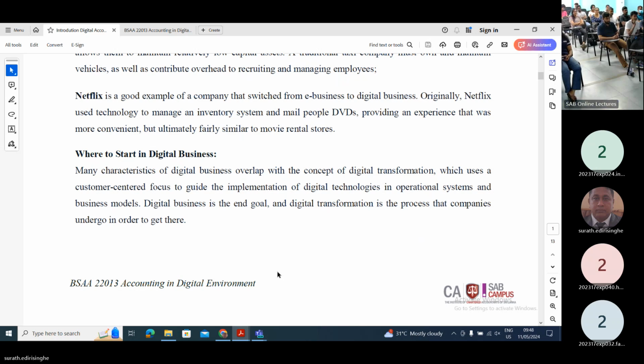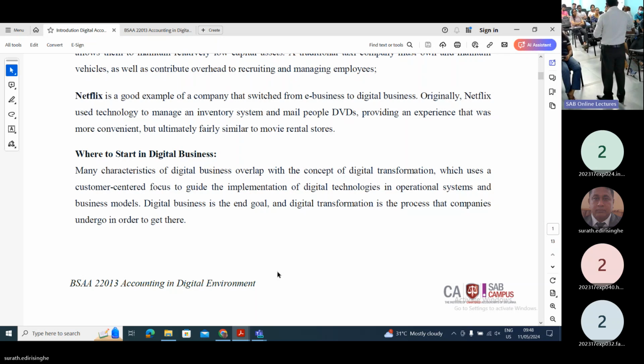Right? The end goal or ultimate objective is developing a digital business. Digital transformation is the initiative or beginning point of converting the business from manual to a digital platform. We call it digital transformation.